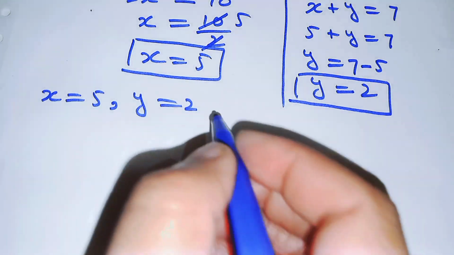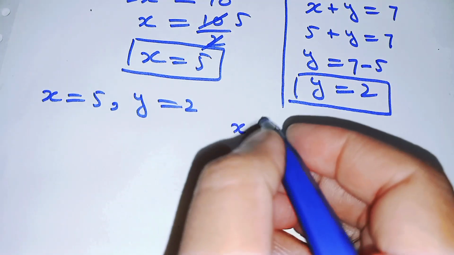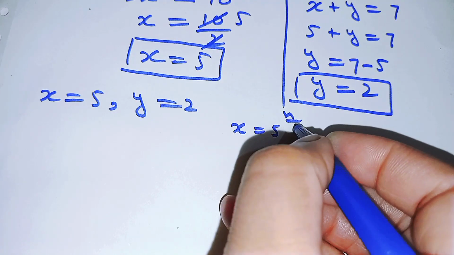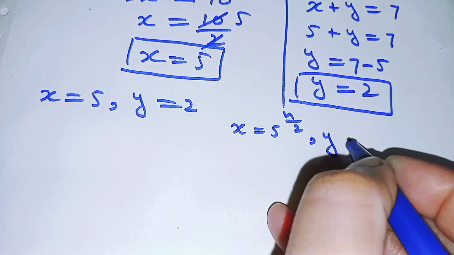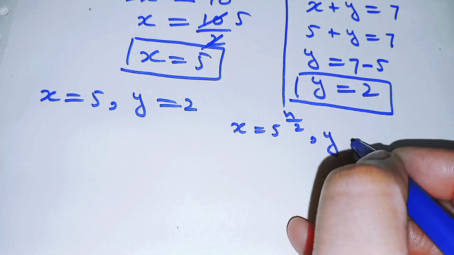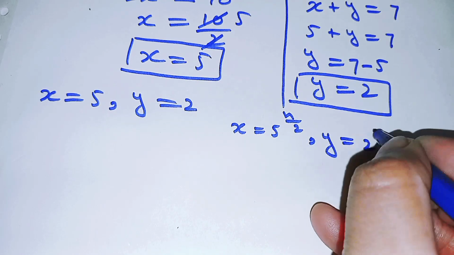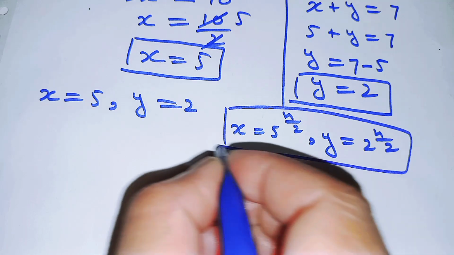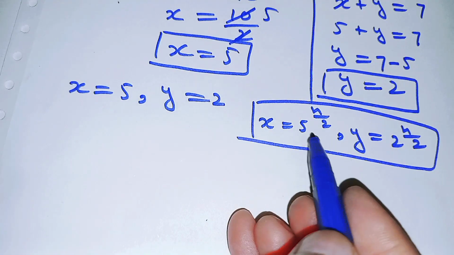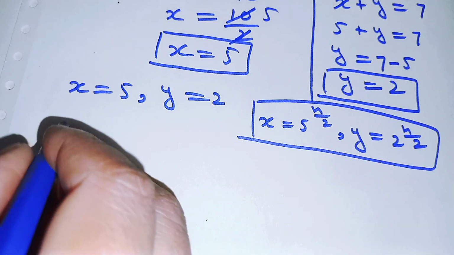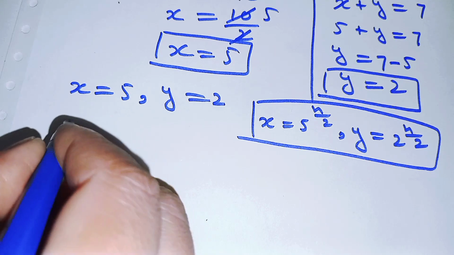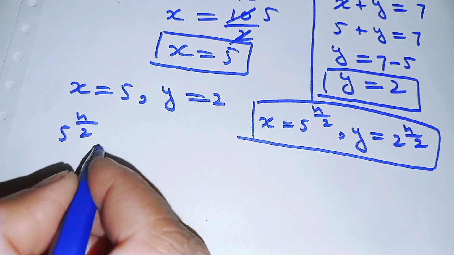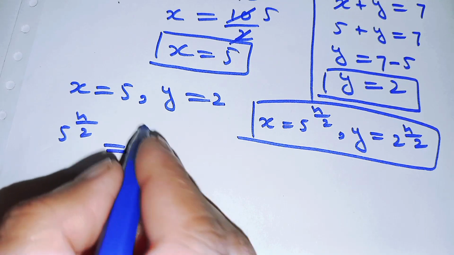Now 5 to the power of n over 2 is equal to this 5.